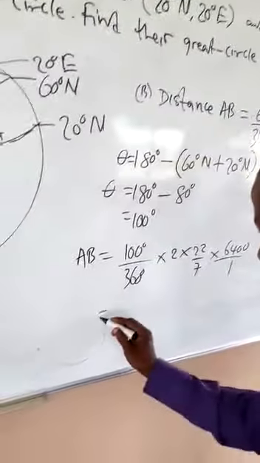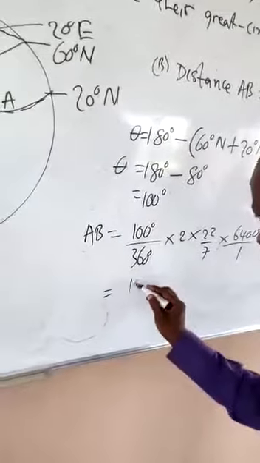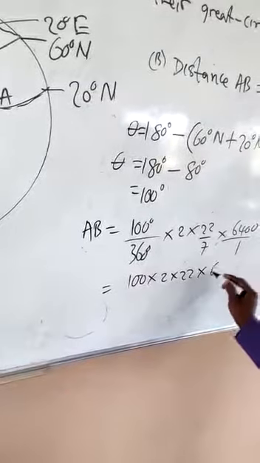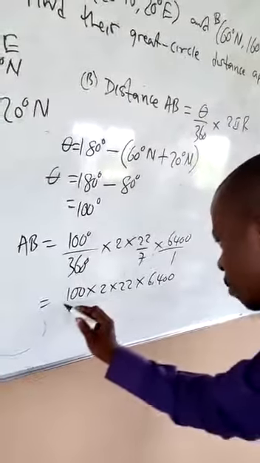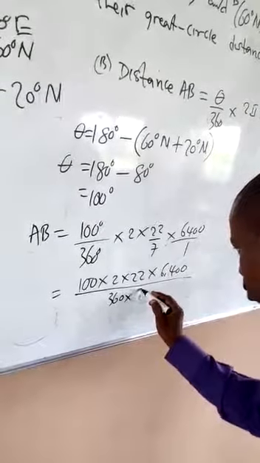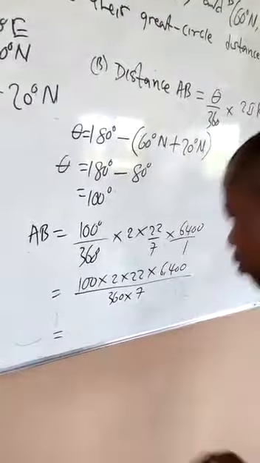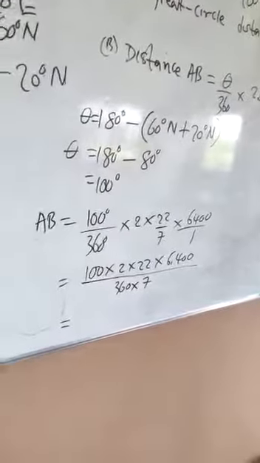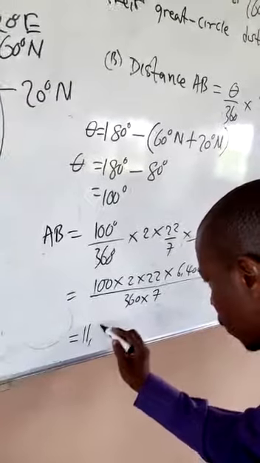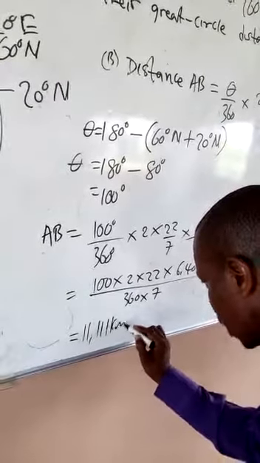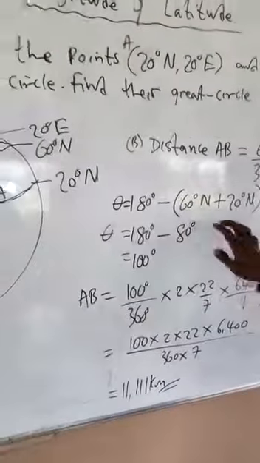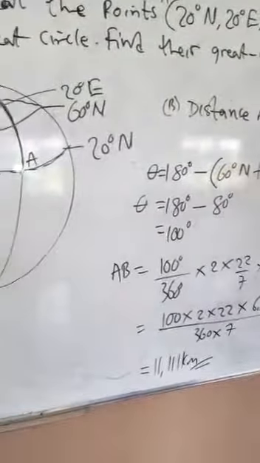Now, when we continue this, we will see that we have 100 times 2 times 22 times 6,400, everything all over 360 times 7, and that gives something around 11,101 kilometers.